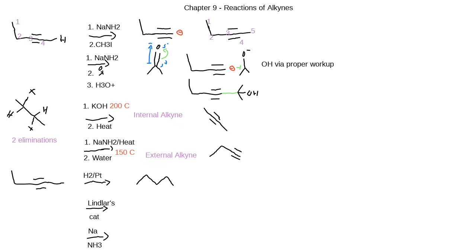Yes, that's definitely correct. So Na/NH3 gives the trans alkene, and Lindlar's catalyst is going to be the cis alkene. And the way you can remember is that cis starts with C and cat also starts with C. Okay?